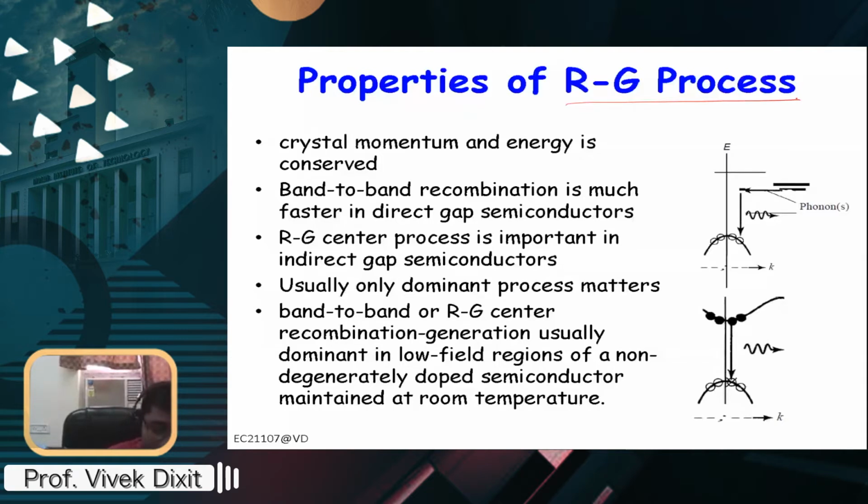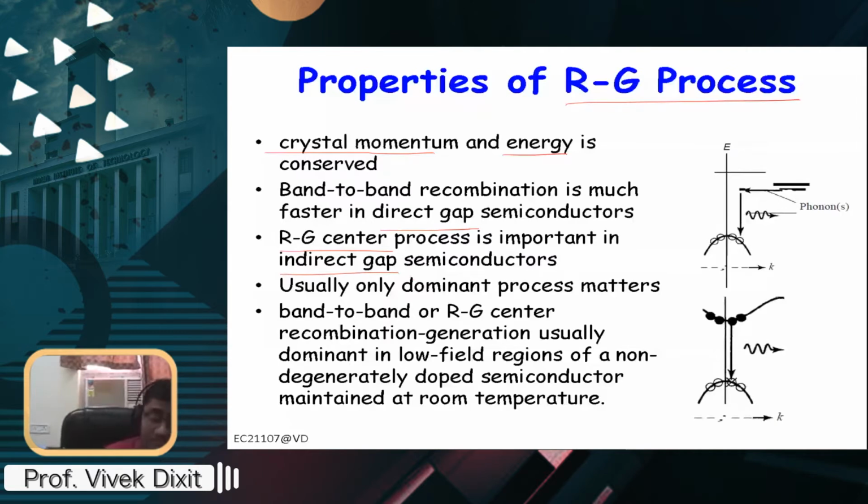If you have band-to-band recombination, it is usually much faster in a direct gap, because you don't need any other particle like a phonon. The electron, hole pair and photon can take care of it. Trap assisted recombination, or recombination generation center based process, is usually dominant in indirect gap semiconductors.